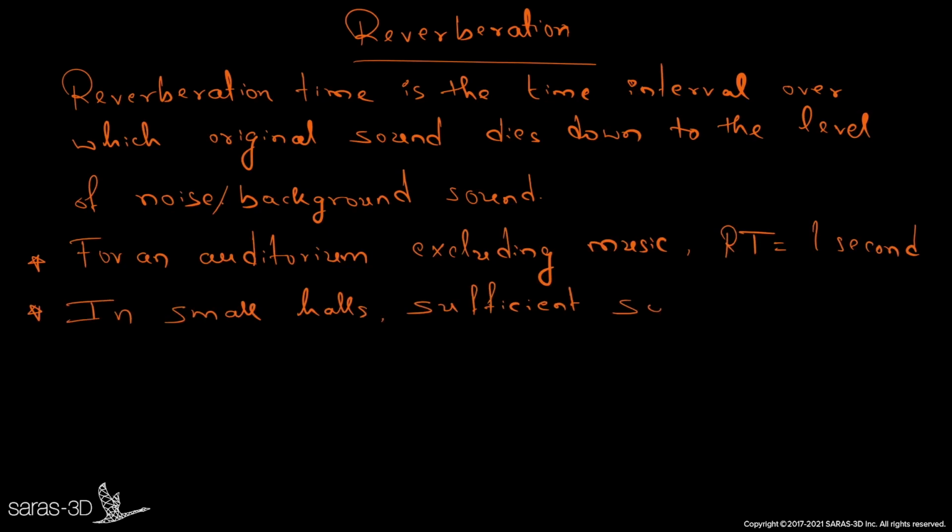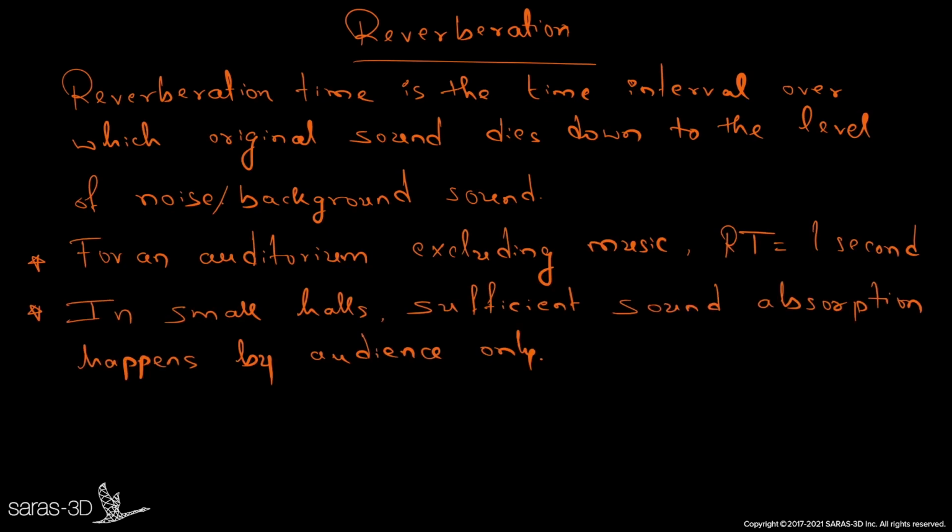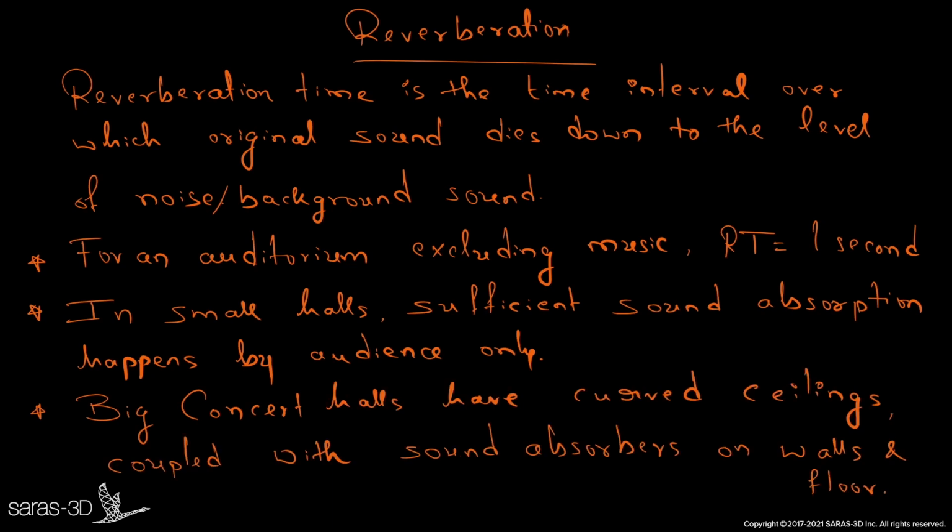In case of small halls, sufficient sound absorption happens by the audience themselves, so special care for placing absorber sheets on the walls is not necessary. But in case of big concert halls, it is required to have curved ceilings coupled with sound absorbers on walls and floor. So this is about the study of reflection of sound and its applications.